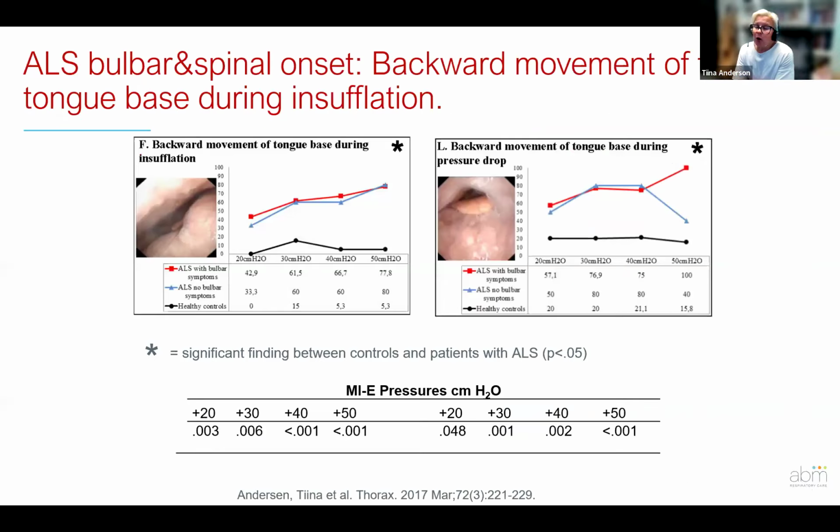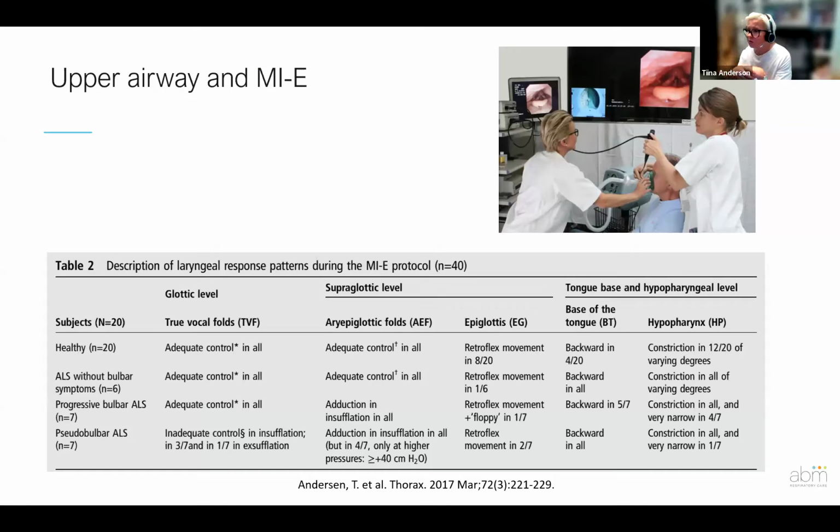So whether you had bulbar symptoms or not, this could easily happen. We also observed that this hyperpharyngeal constriction, which we already saw with those young healthy medical students, could also happen here in the ALS group, in different degrees, as with the healthy volunteers.